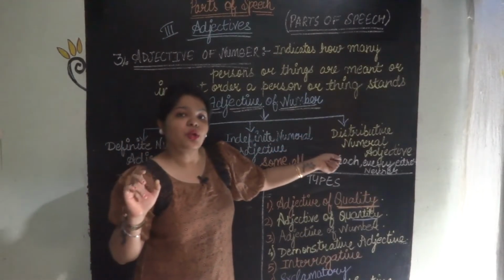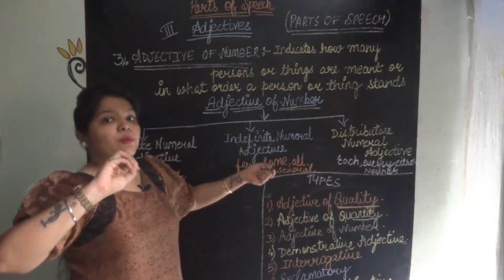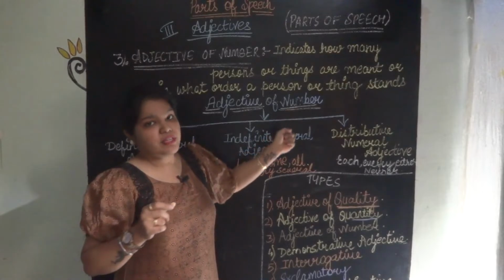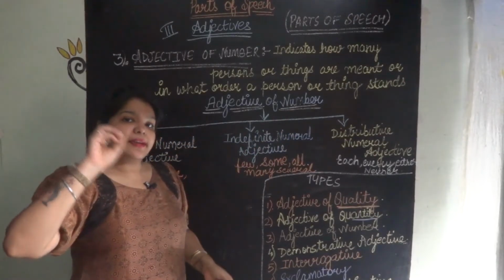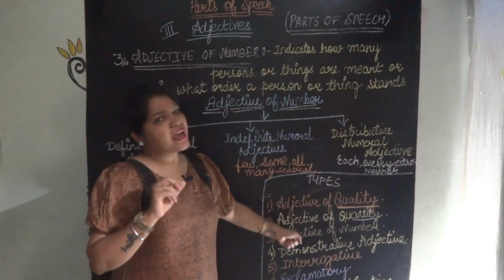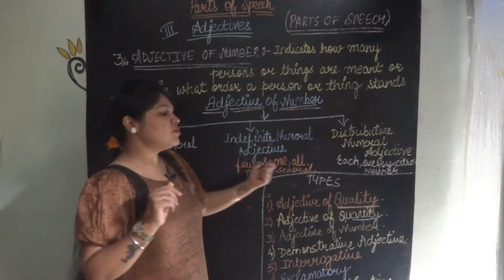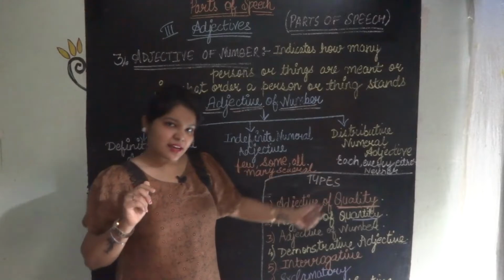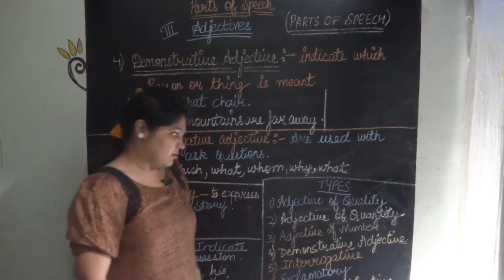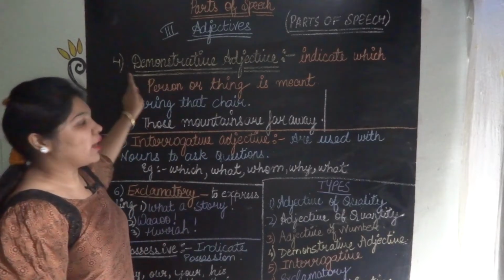I have just told you these three types of adjective of numbers to give you a quick review. But the questions come according to only quantity and numbers. This is just for your better and deep understanding. Okay? Let's move to the demonstrative adjective. This is the fourth one.